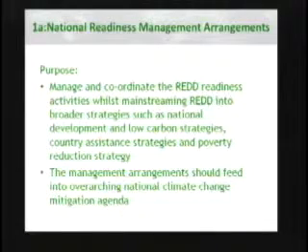The National Readiness Management Arrangement is the first subcomponent under the Organize and Consult component of the proposal.